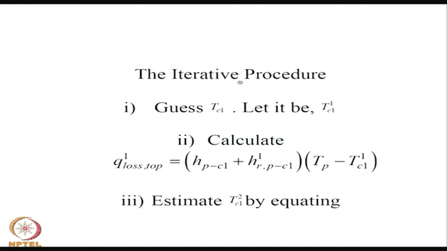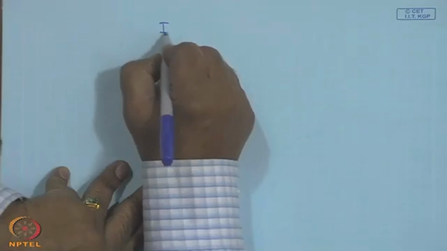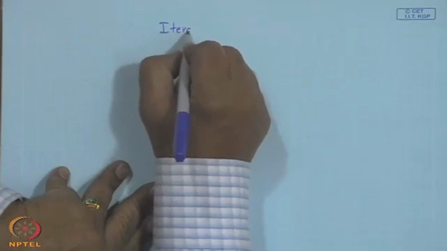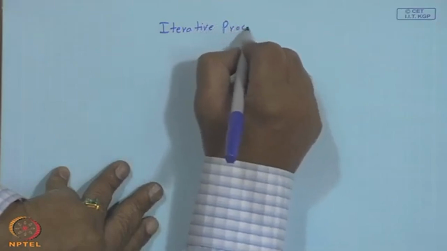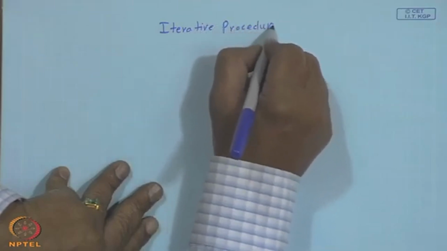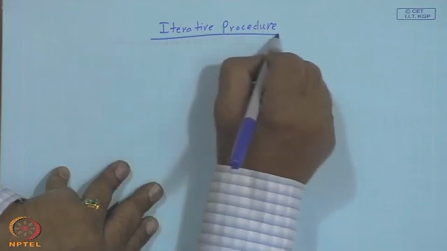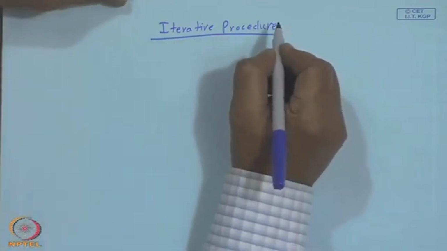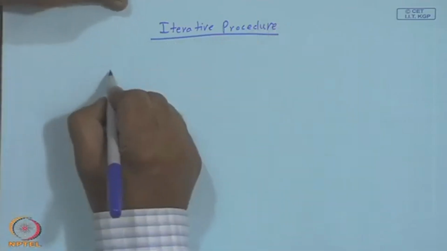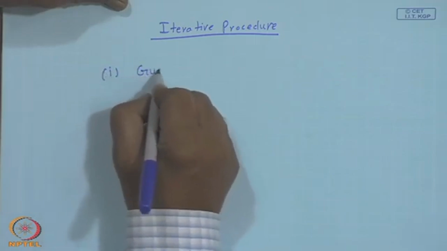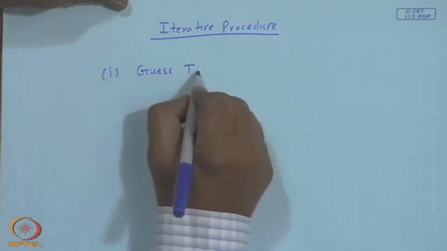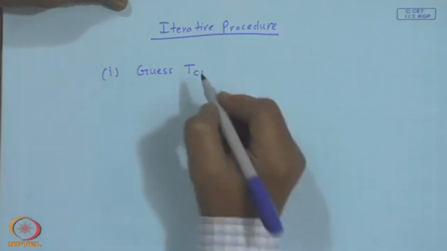So, this naturally involves a trial and error or an iterative procedure. Right. So, step number 1, we will guess T_c1.